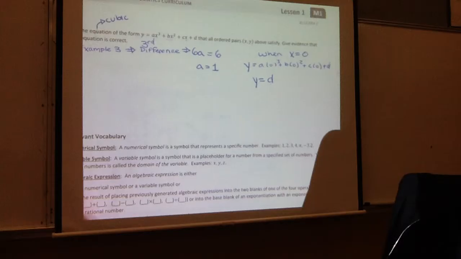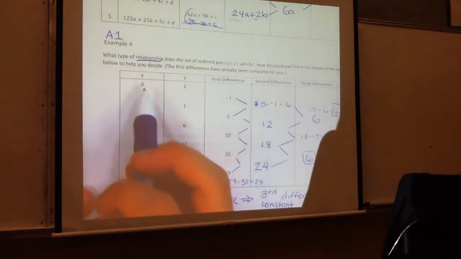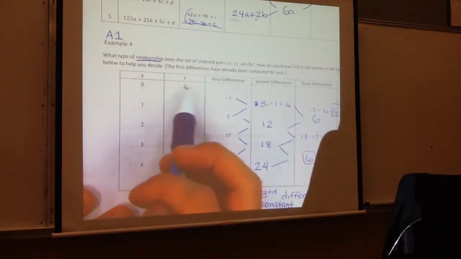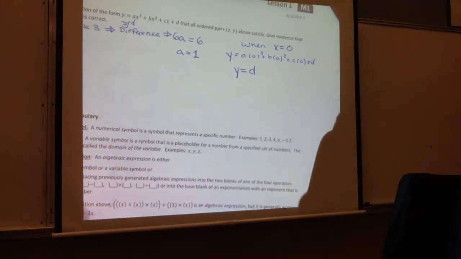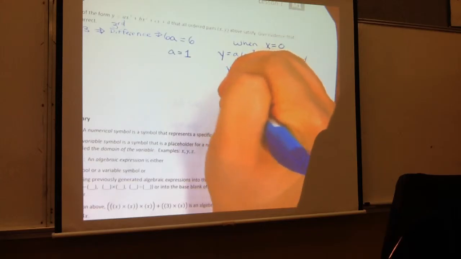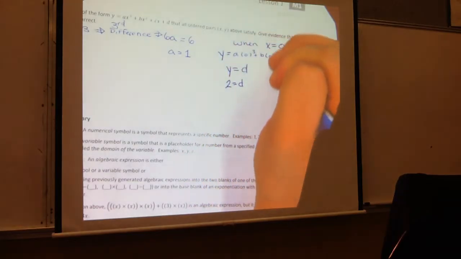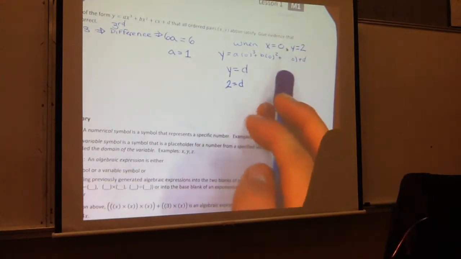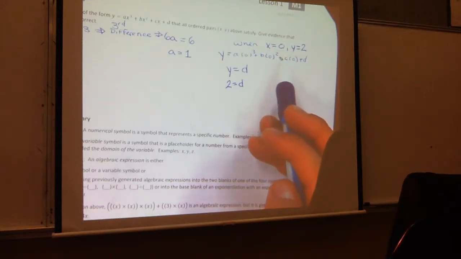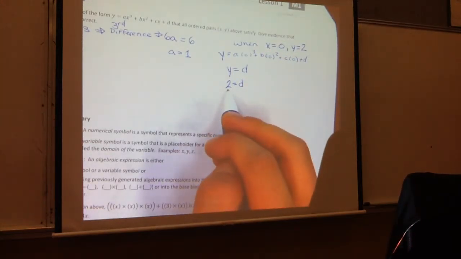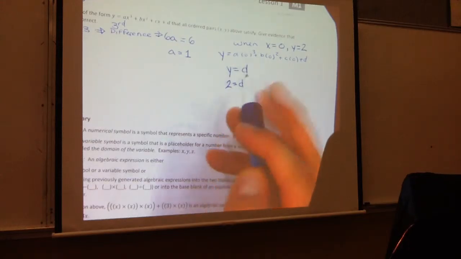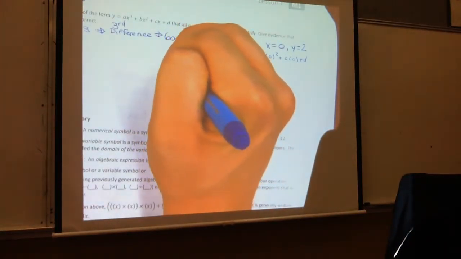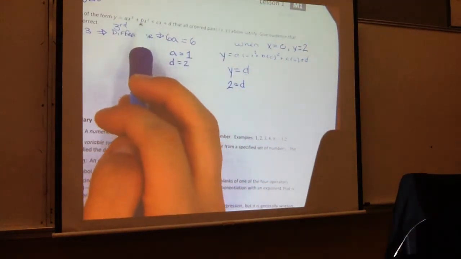When we look at the table, when x is equal to 0, y is equal to 2. So we can substitute that 2 is equal to d, because when x is 0, y is equal to 2. We get that from the table. 2 equals d. So we have 2 of our values, and now we need to find the last 2.